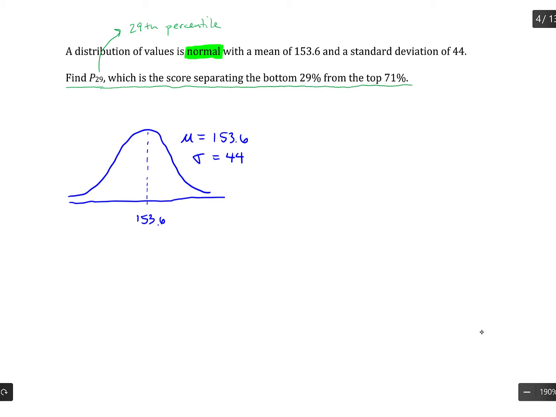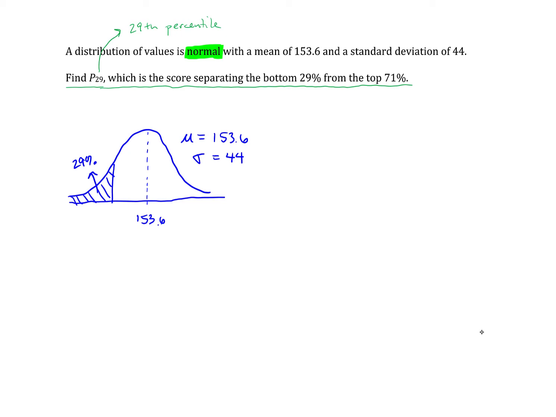So the bottom 29% of the data might be this amount right here. So that would be 29%. And if that's 29%, then the area over here on the right-hand side, which I'm not going to shade so it doesn't get confusing, would be 71% because 1 minus 0.29 is 0.71.